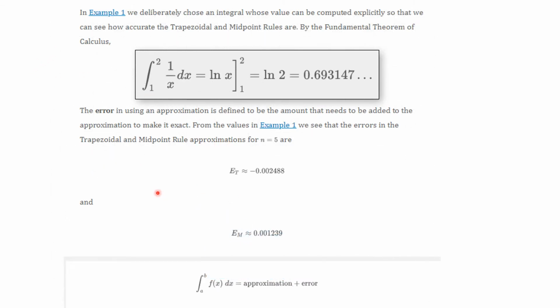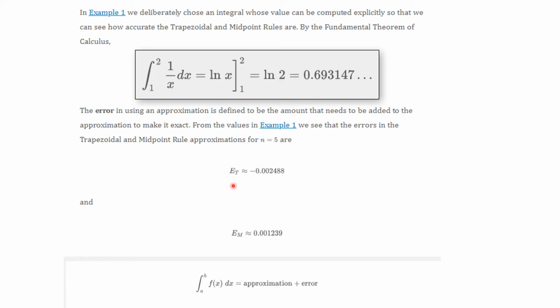Now, we deliberately picked an example here where you actually could do this exactly, and the exact answer is the natural logarithm of 2. So this allows us to say, what was the error, meaning E-R-R-O-R, in using those approximations for n equal 5?